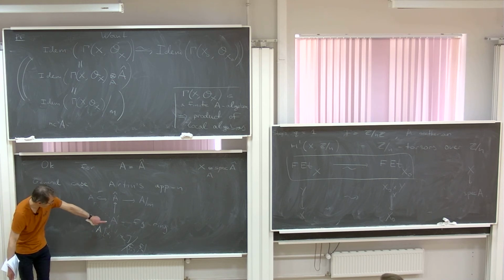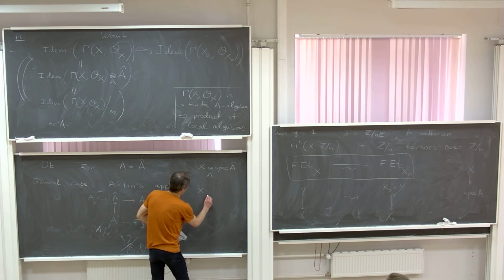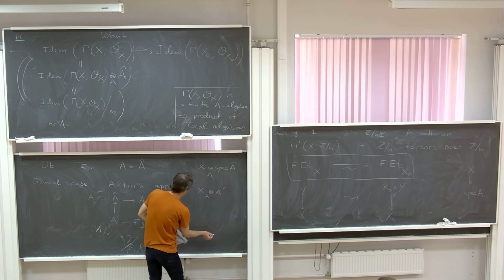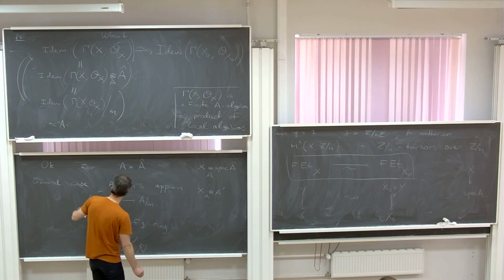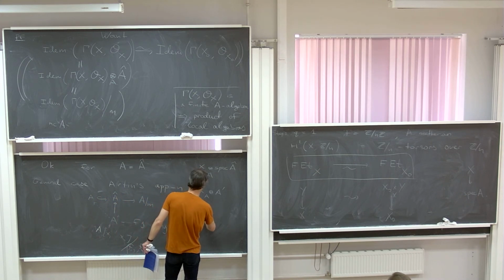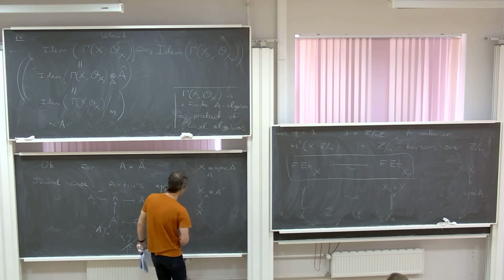So we have a finite étale cover over A prime. Yes? So X times A prime. But then this map gives me a map from X to this guy, right?